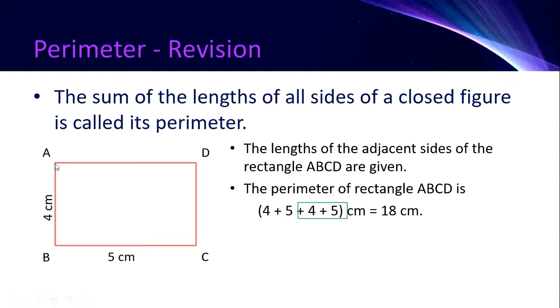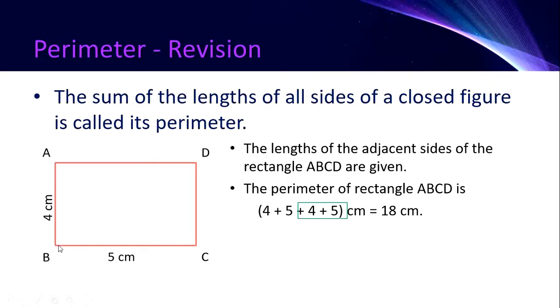I have shown a rectangle over here, that is rectangle ABCD, and I have given you the lengths of the sides. The lengths of the adjacent sides, adjacent means the sides which are side by side to each other. For example, AB and BC are adjacent to each other, that is, they are beside each other.